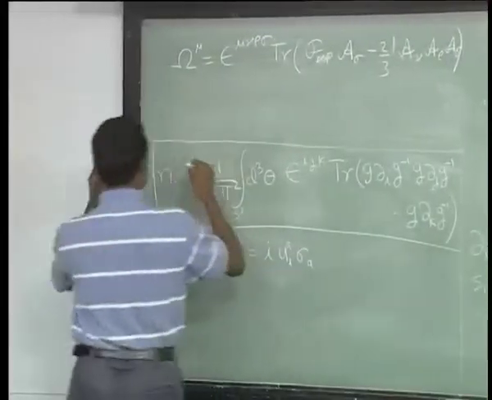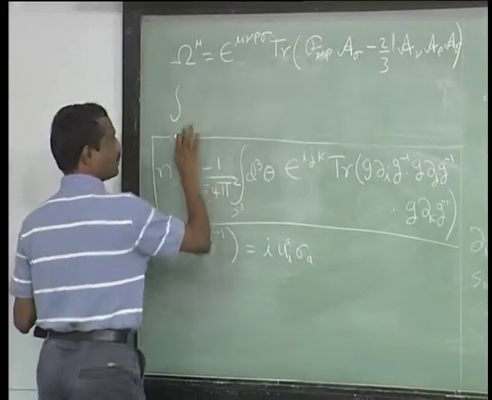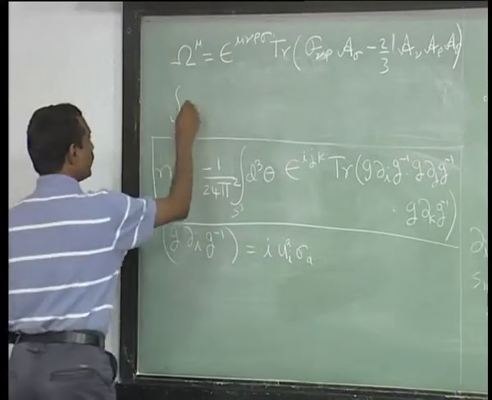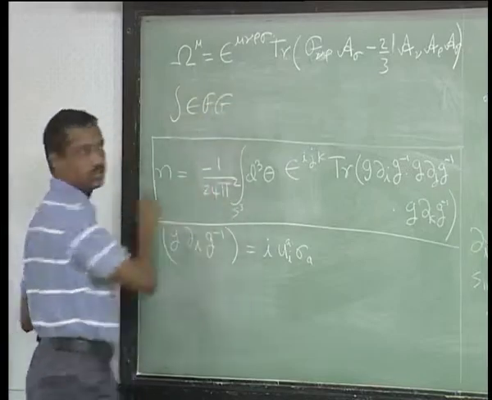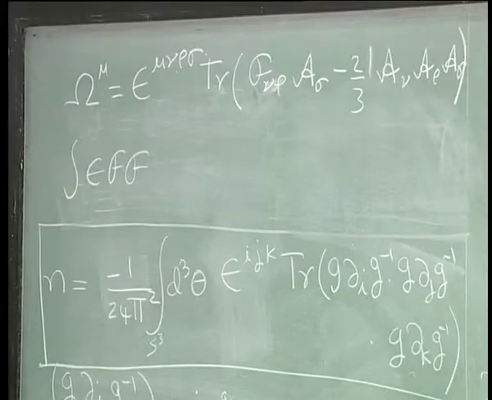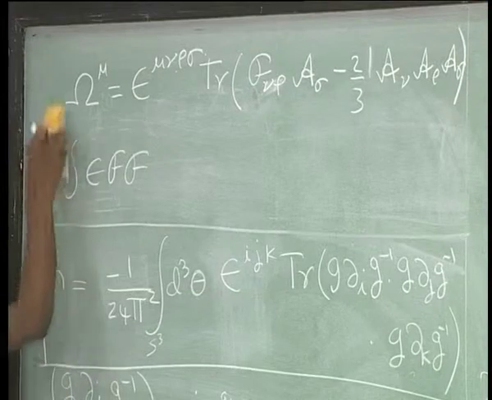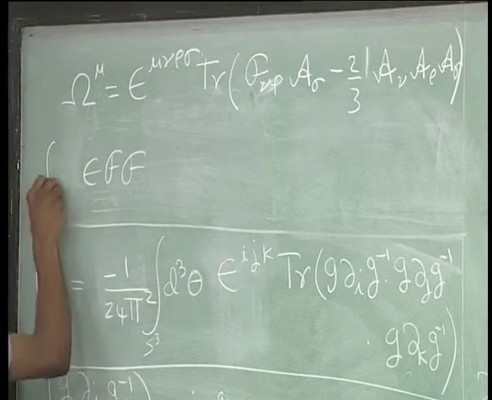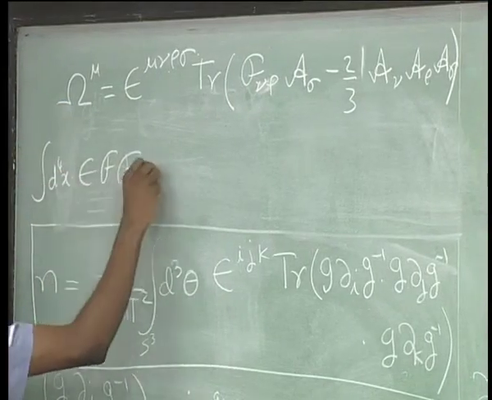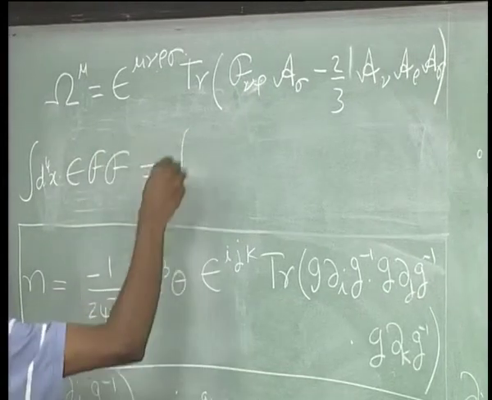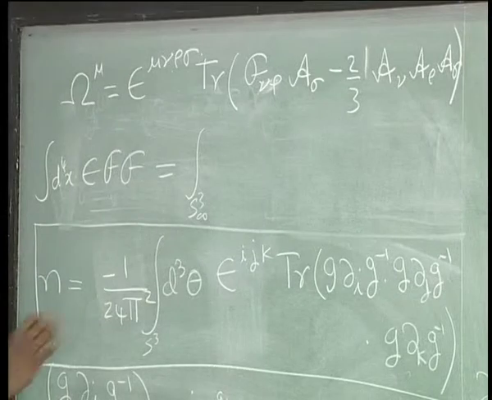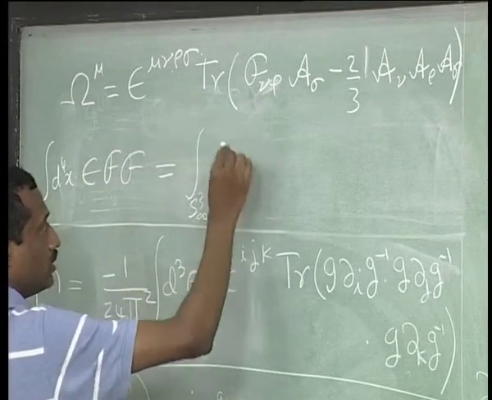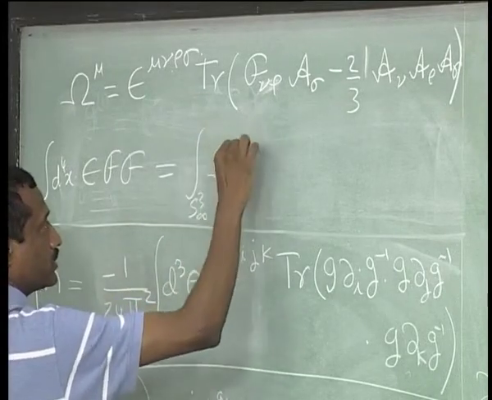So, the integral of epsilon FF over 4-space will be equal to an integral over the 3-sphere at infinity of omega in the radial direction.